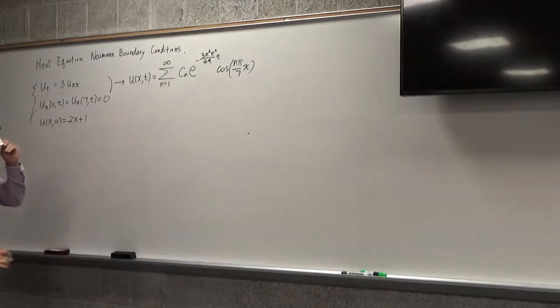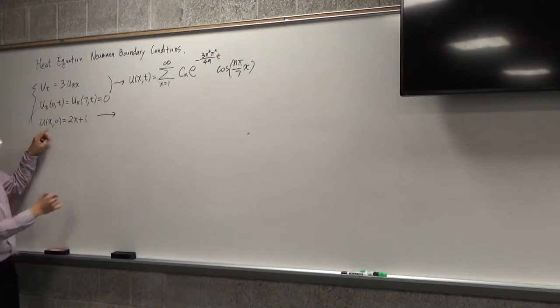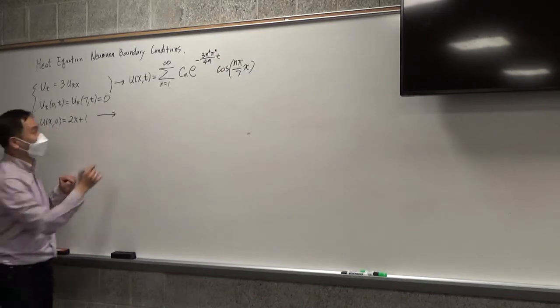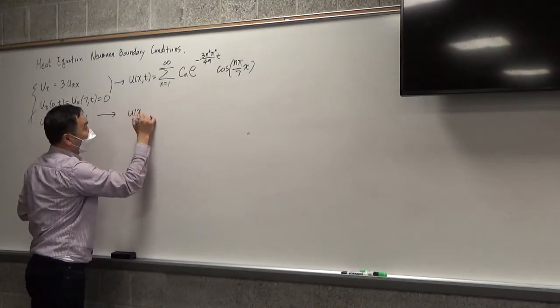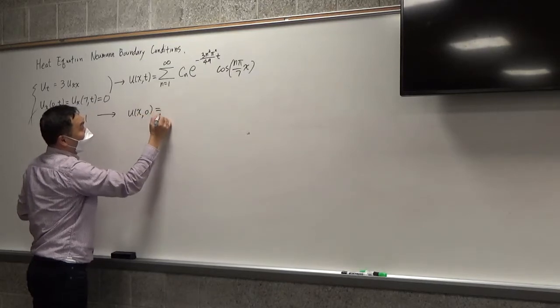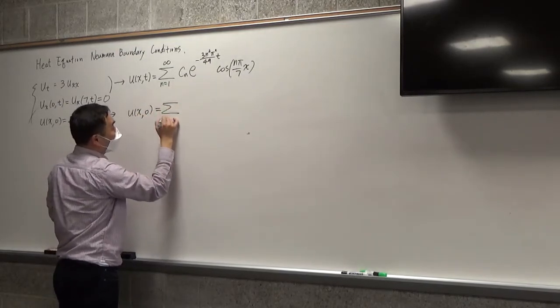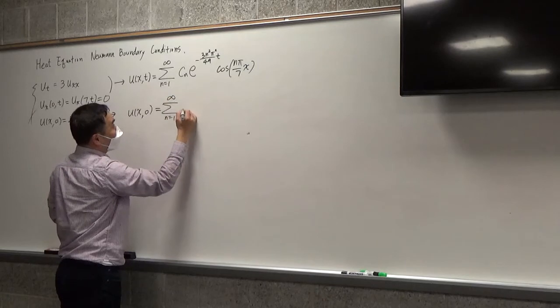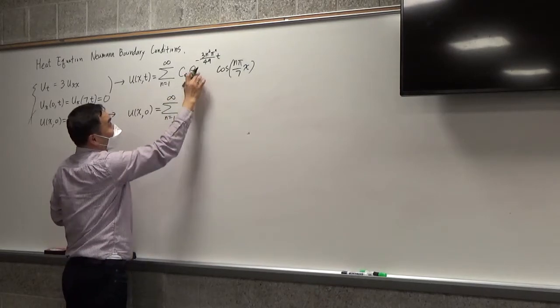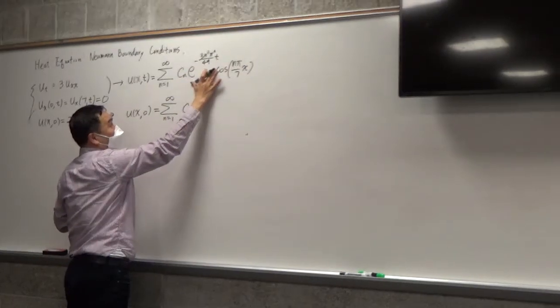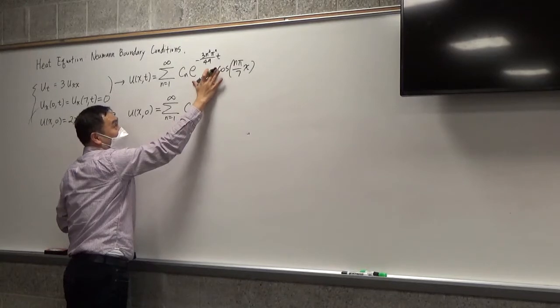Okay. Now let's see what happens to the initial condition. You're plugging 0 into t, right? So you have u(x,0) equals the summation n equals 1 through infinity of Cn. Now what do you get if you plug in 0 here? It's just 1, right?